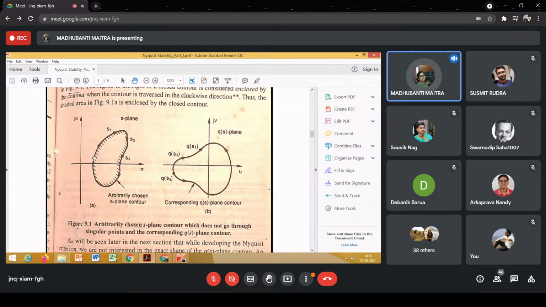I'm moving along this contour in a clockwise direction, and in the process, I'm identifying or marking the area lying to the right of the contour. If I move along this contour in the clockwise direction, then this area will lie to the right of this contour. Clear?